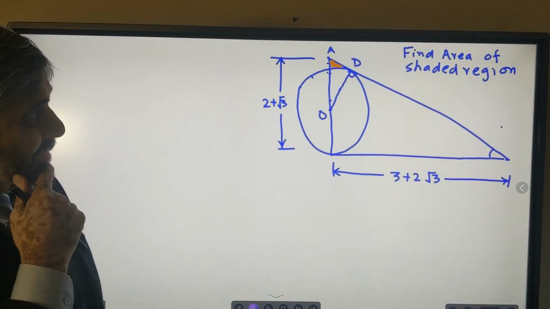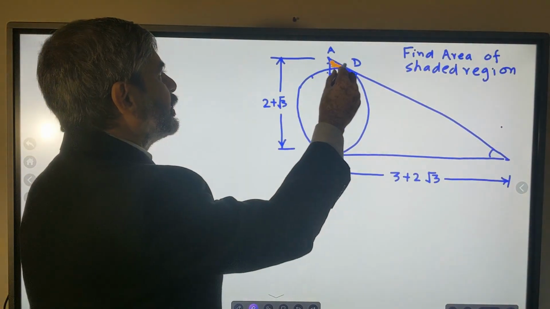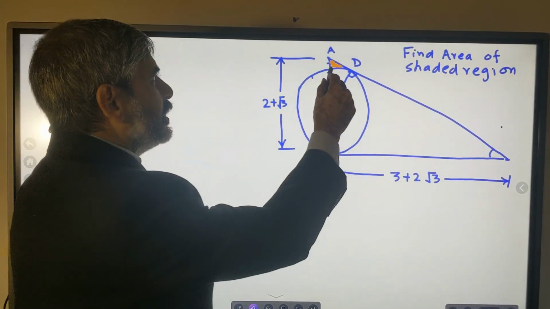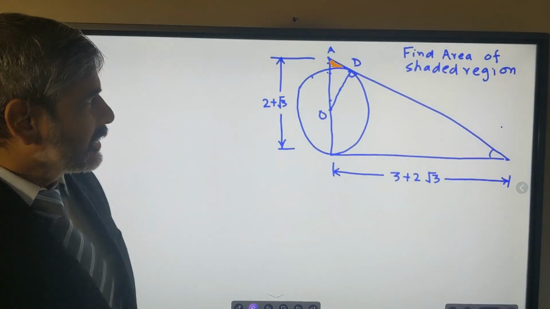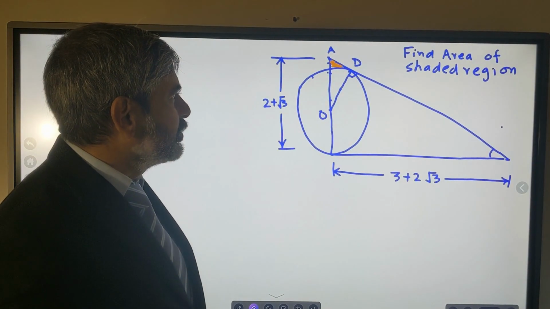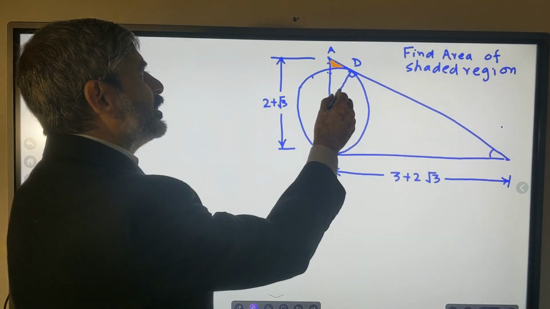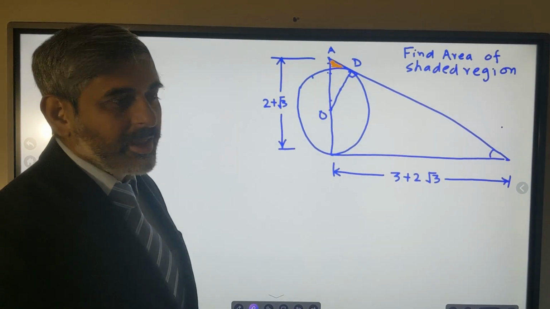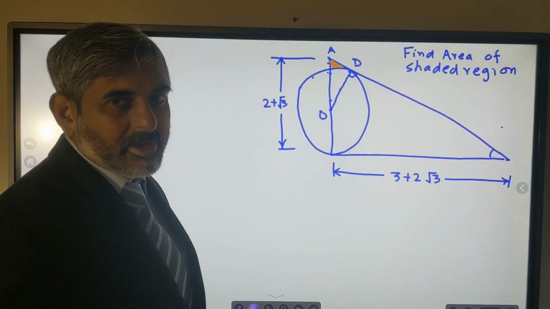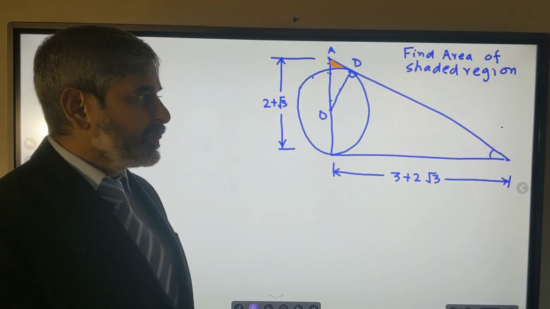To find the area of the shaded region, we'll need to find the area of this triangle and the area of this arc, and then subtract it. To do that, we possibly need to find the radius of the circle and this angle. If we know these two things, we should be able to solve this problem.